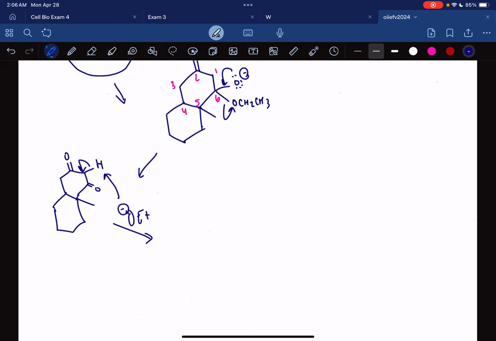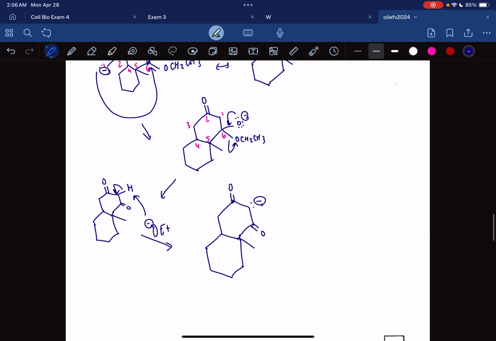So you have to show this structure being deprotonated twice. This ketone will be here still, this will be here, and we'll have a minus here, and this methyl will be here still.